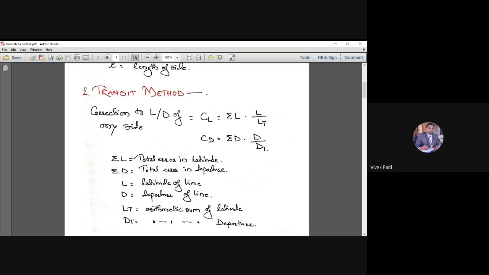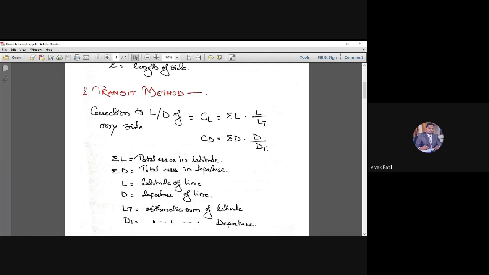Similarly, the correction of the departure of a line equals the total error in departure into the departure of that line divided by the arithmetic sum of the departure. This is the formula for the transit method for the correction of any line in the departure.